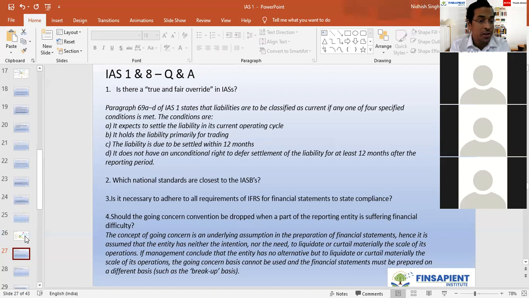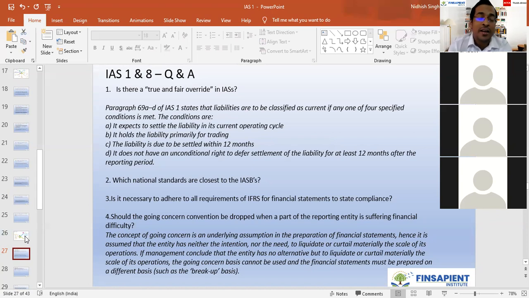You have not breached or disobeyed any IFRS requirement. You have tried to implement this, but you could not find one. That also means that you have adhered to all requirements of IFRS. That's the statement here. It is just that IFRS is falling short of the requirements or the need, but you have not breached anything. So the answer will still be yes.